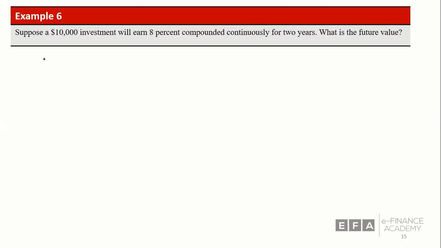So if we use the formula, it's future value equals present value times exponential to the power of R multiplied by N. R in this case is 8%, while N, the number of years, is actually 2. So all we would say is 10,000 times exponential to the power of R, which is 0.08. You remove the percentage, times N, in this case 2. So we would just press simply 2.